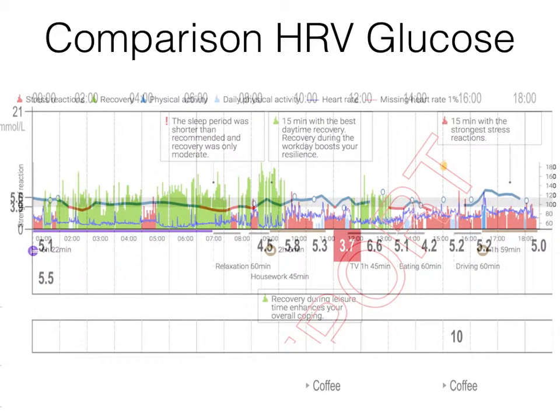Then if you noticed, when I was relaxing, which is the last of the green blocks, if you can spot the 6.6 number at the time, you can see that by the end of that period of relaxation, my glucose has substantially dropped all the way down to 4.2.